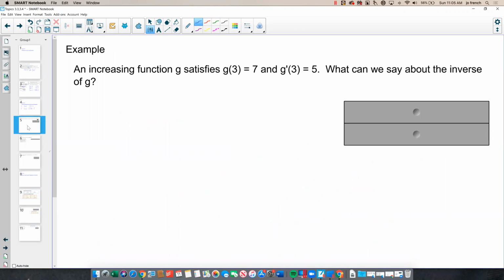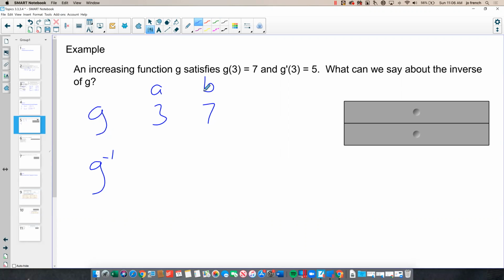Here I have an increasing function, g, that satisfies g of 3 equals 7. So g is my original function. G inverse is going to be what we're going to discover information about. So I know I have the point 3, 7. When the input is 3, the output is 7.